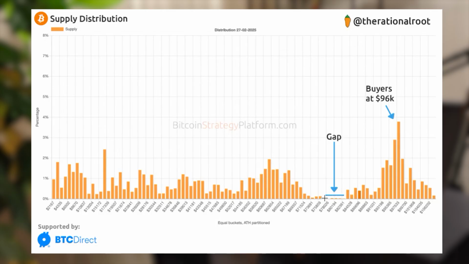There are no guarantees of course, but to me it's a logical assumption that when there's little support to keep price at these higher levels, it's natural that we'll first fill that gap before continuing.